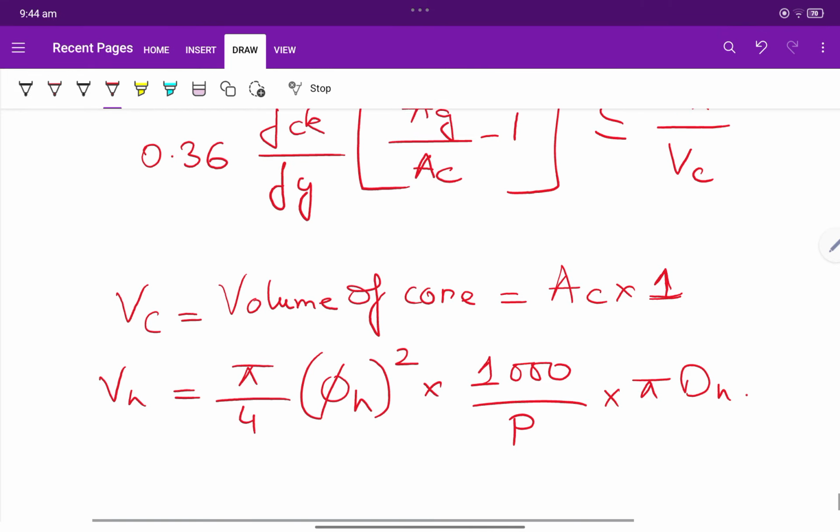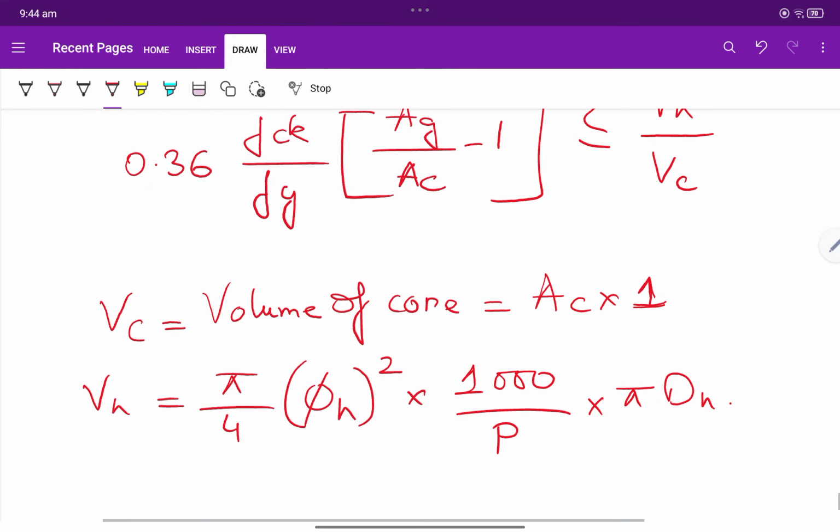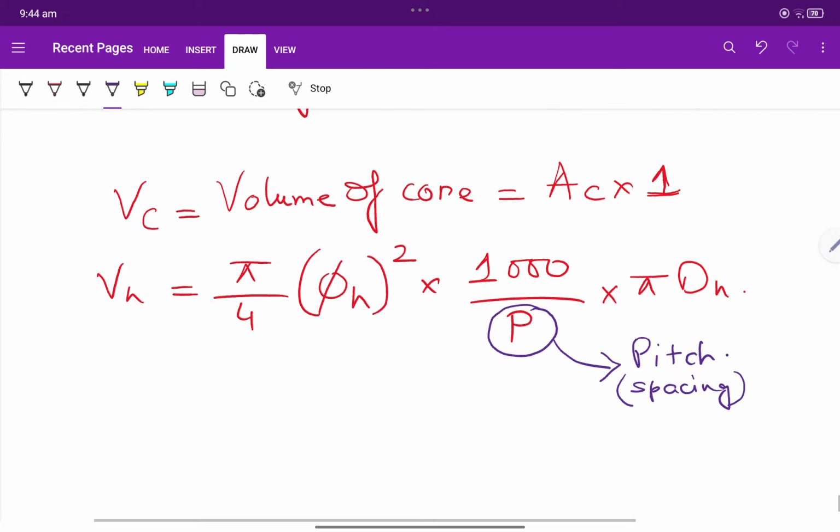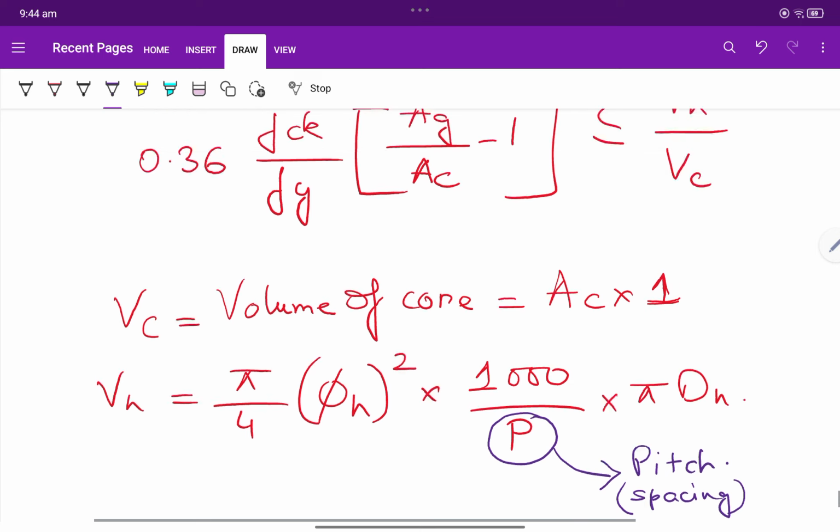Here mainly we have to find out this p from this formula, that is the pitch. Pitch is the spacing. In a circular column it is called pitch, the spacing.